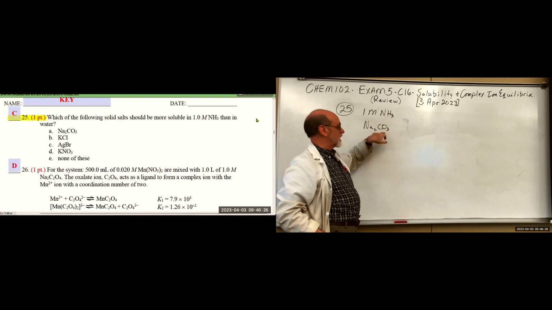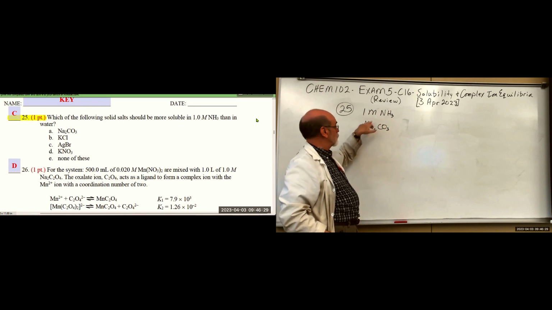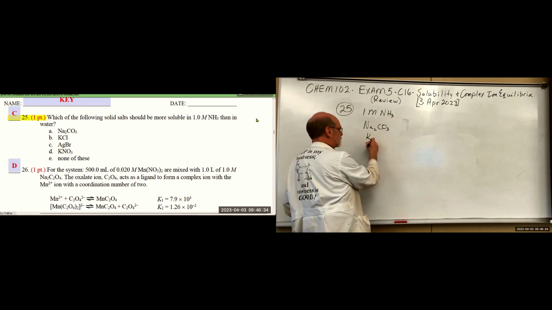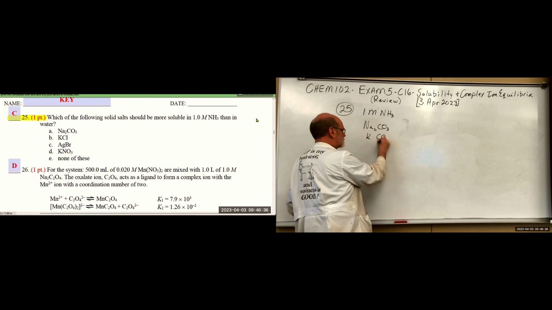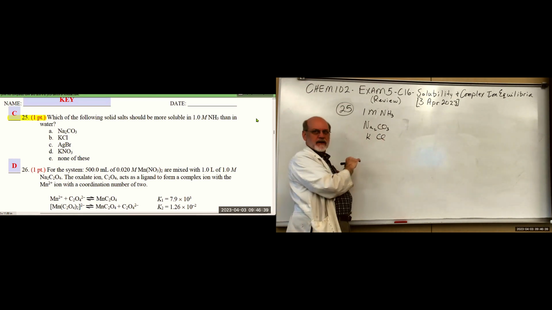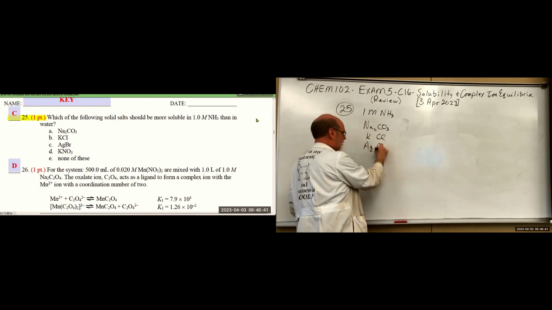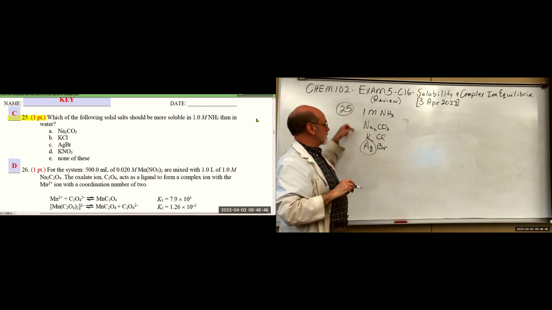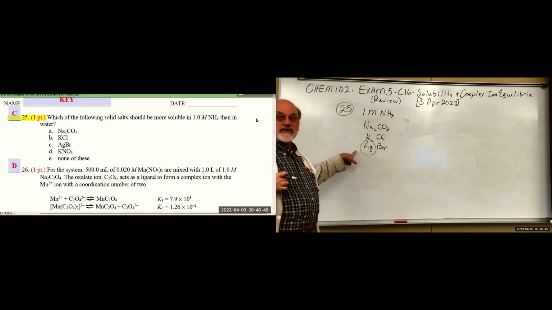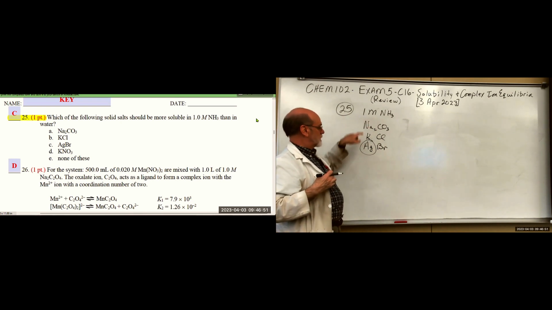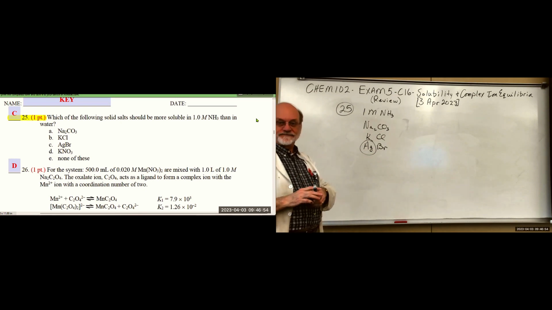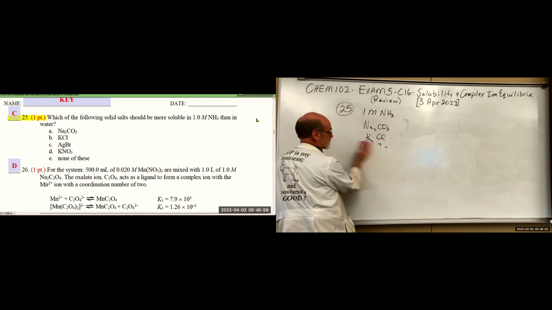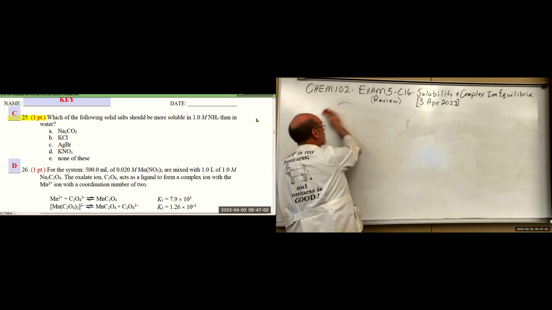You don't form complex ions with the anion, you do it with the cation. So will this form a complex ion with sodium? No. How about potassium chloride? No. How about silver bromide? There you go. It forms a complex ion with silver. So silver bromide will become more soluble in 1 molar ammonia than in water. That's the only reason for this question, for you to recognize that fact.